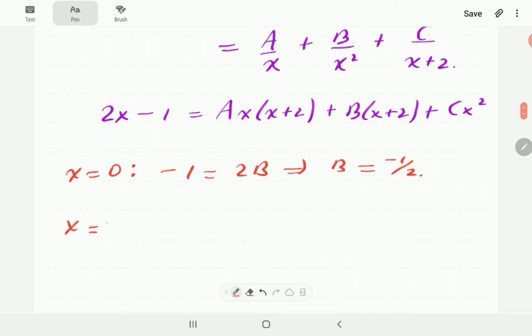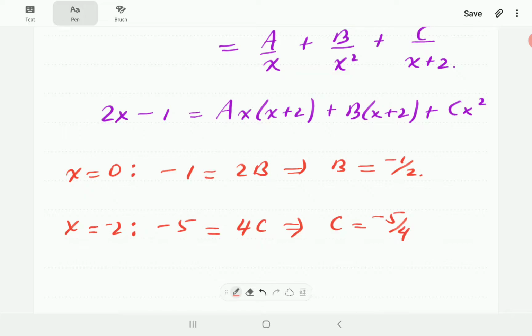Then the other root is negative 2. We plug in negative 2 on the left hand side, which is going to give us negative 5. Then this term is going to be 0, this is going to be 0, this is going to be 4C. So this is telling us that C is negative 5 over 4.